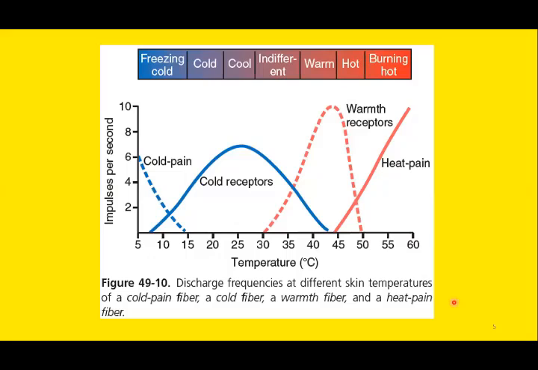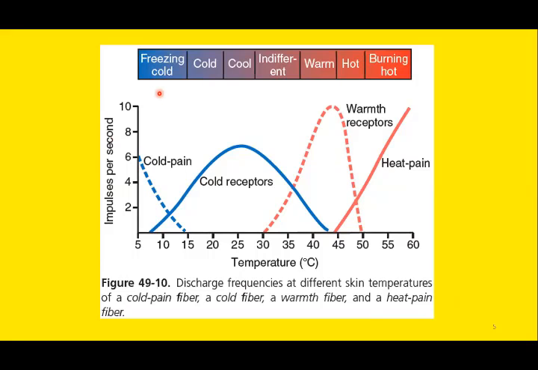Now this figure is taken from your textbook. You can see temperature change on the abscissa or the x-axis, and this is the sensitivity or impulses per second on the ordinate axis or the y-axis. And you can see variable response of these thermoreceptors.